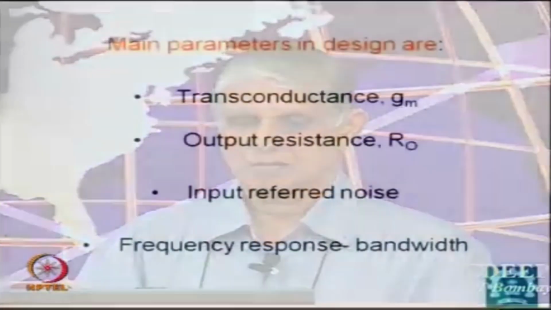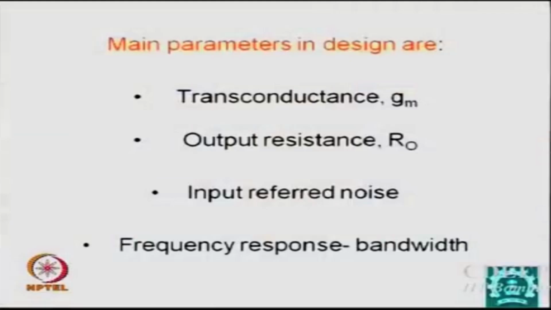There are three parameters which you shall work on in analog design. These are our, what you should say, bread and butter parameters. The transconductance gm, output resistance ro, and the third and the most important, input referred noise.